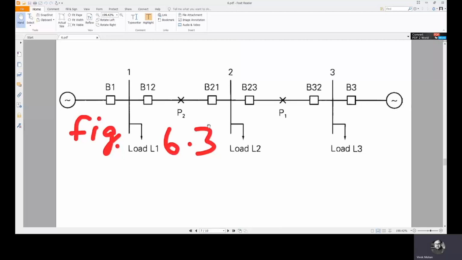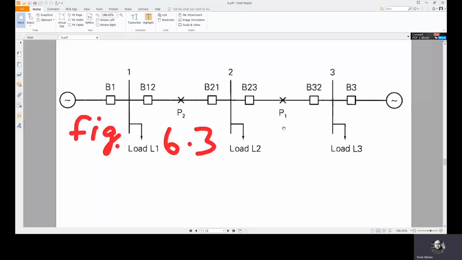Let's say which relays should be coordinated for a fault at P1 and P2. Is the system also protected against bus faults? In the sense, if the fault is on bus 1, 2 or 3, then also could these relays be coordinated or not? We'll see.